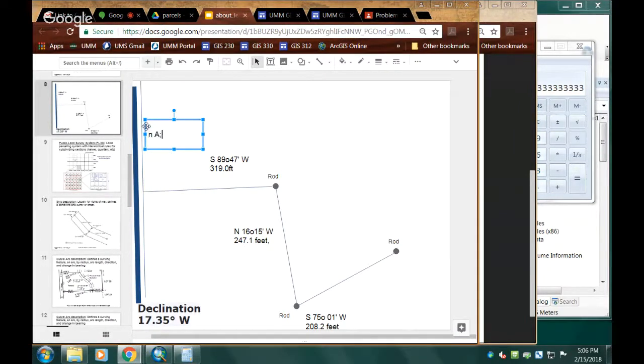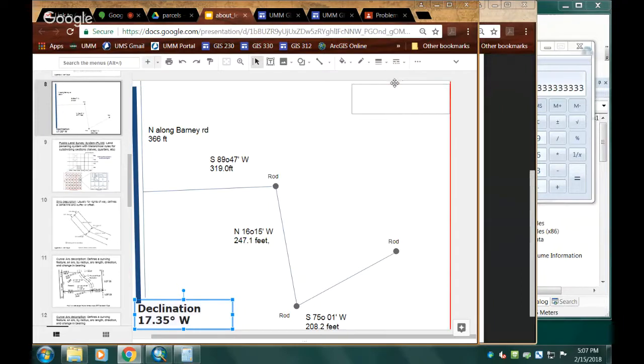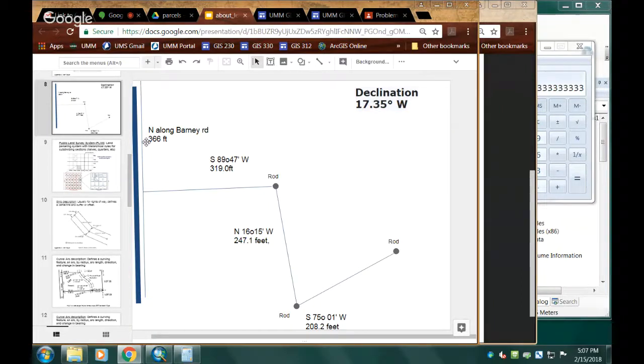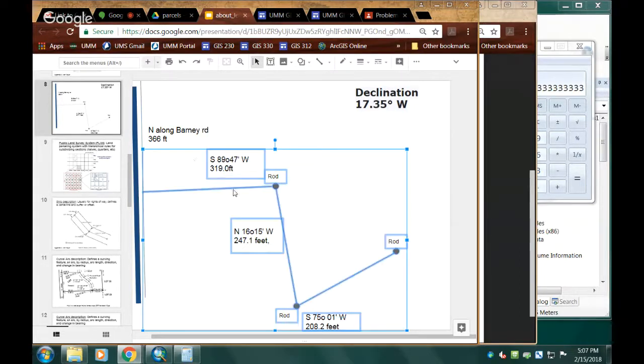So north along Barney Road, 366 feet. So now, I think I need to move everything a little ways down here.